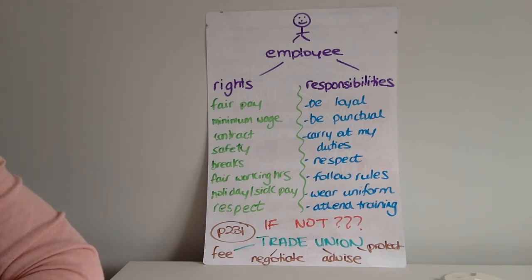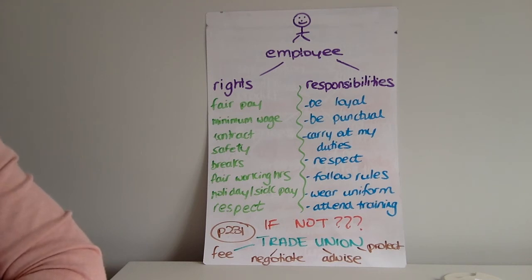That'll probably be discussed in your interview. You are responsible for respecting the company, for respecting your employer and respecting other employees. You are responsible for following the rules, for wearing a uniform and any PPE or safety equipment that might be required in the job, and to attend any training that's provided by your employer. Okay, so they're the main rights and responsibilities of an employee.